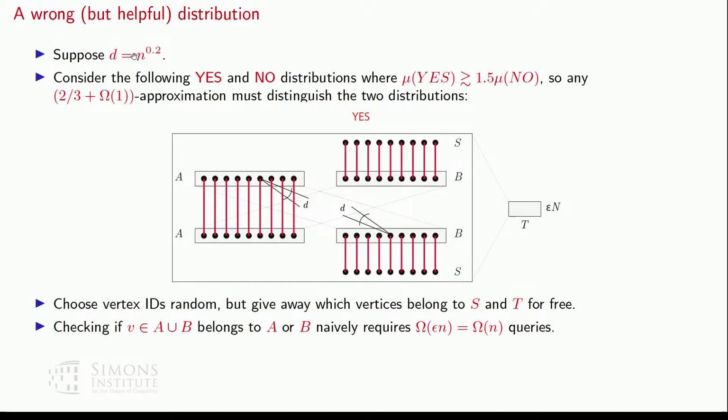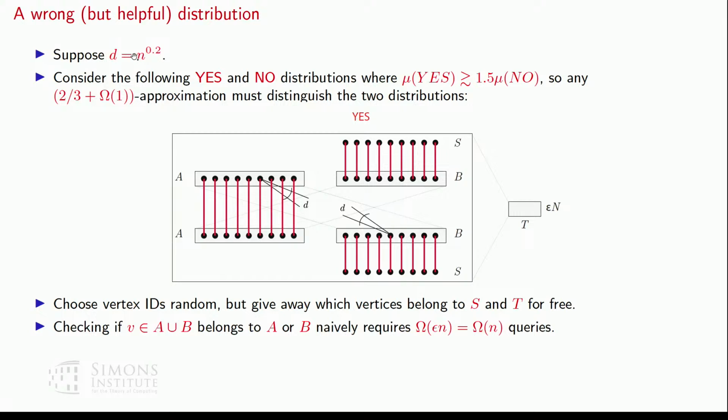Okay. So now suppose that you take one vertex in either A or B and you want to verify whether it's in A or B. What's a naive algorithm? You go through the neighbors and see if it has a neighbor in S or not. That's the only difference between A and B. So you go over the neighbors in the adjacency list of that vertex until hitting an S vertex.